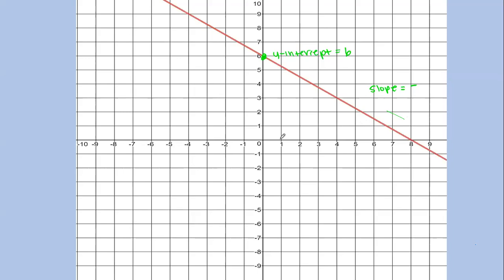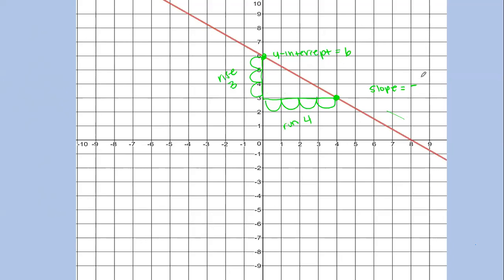So this is easier. This is going by ones, so we can just do our bunny hops. I'm going to choose this point and the y-intercept is fine. I need to figure out my rise over my run. My rise is 1, 2, 3. And my run is 1, 2, 3, 4.